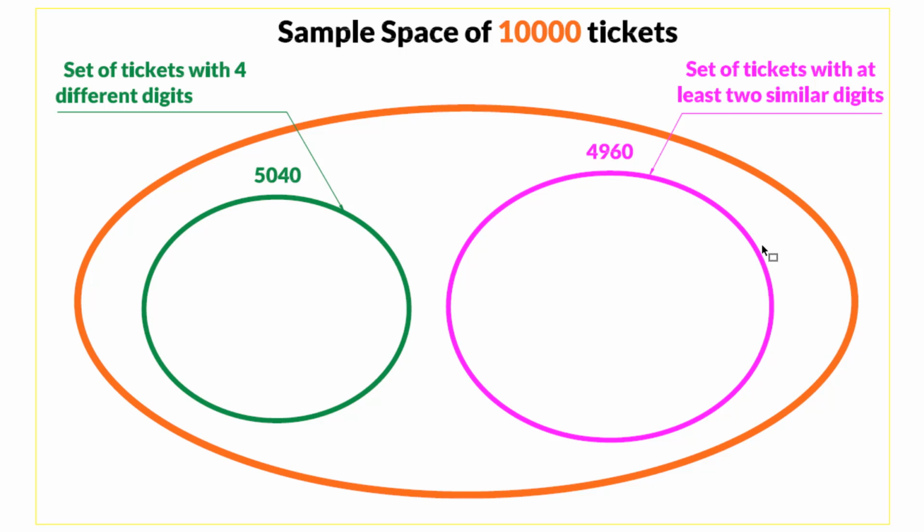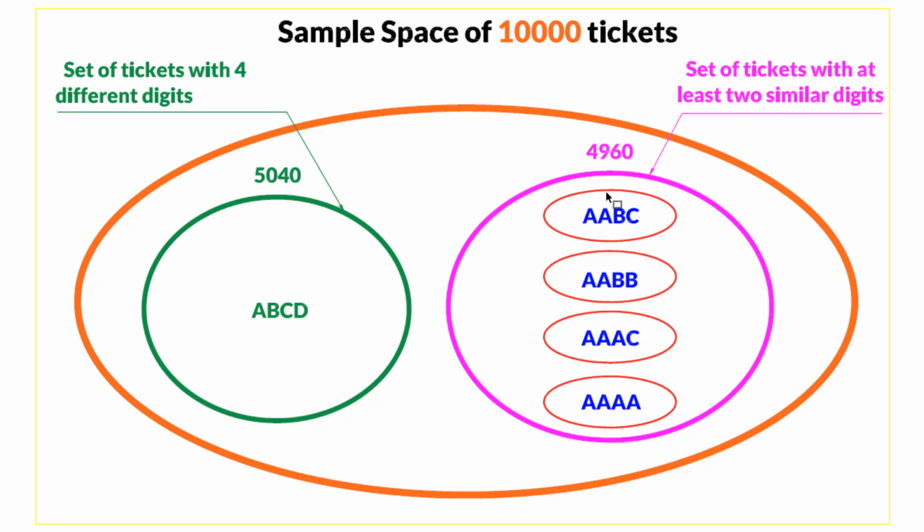But inside this group we also have another 4 subgroups, which are the tickets in the form AABC, AABB, AAAC, and 4 A's. So now we are interested in knowing the number of each subgroup. This is what we still don't know.